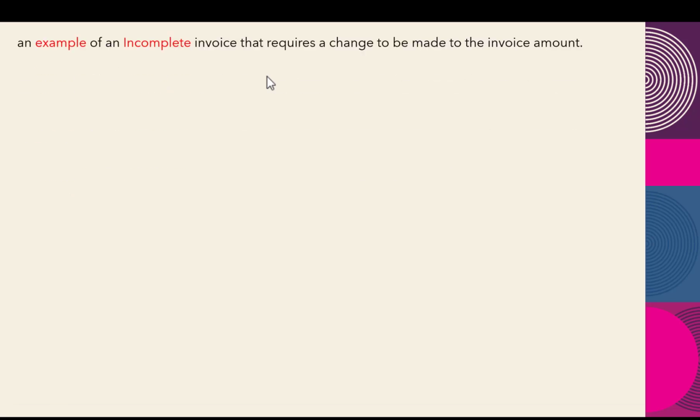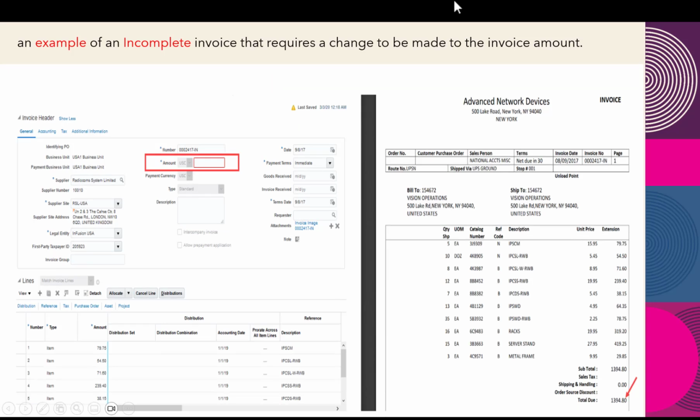For an example of an incomplete invoice that requires changes to the invoice amount, you will find in this example that the invoice is imported as incomplete because the amount of the invoice is missing from the invoice sent by the supplier.